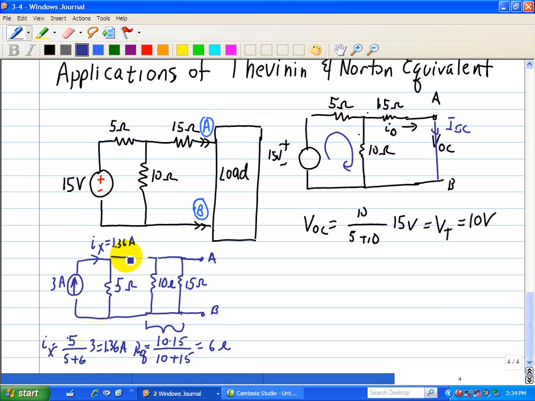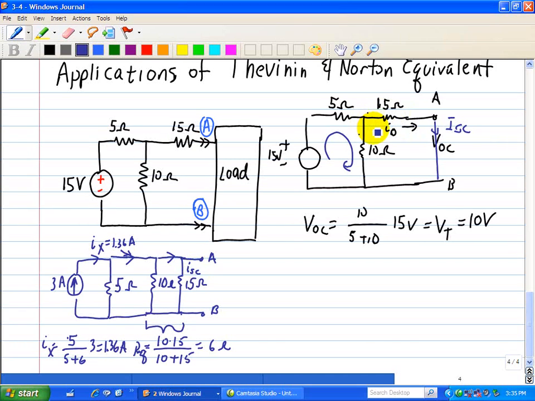So that's amps. Alright, so now we know that 1.36 amps is delivered in here.